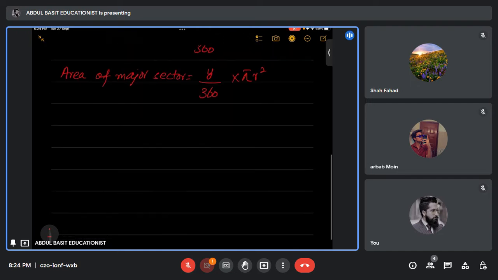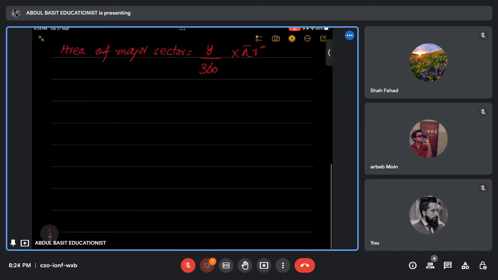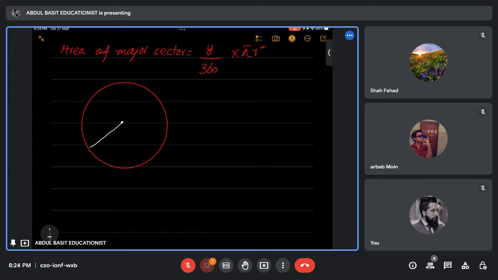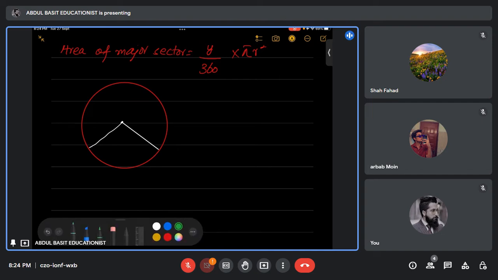Okay, now we need to know what arc length is. You can see that we have two sectors.